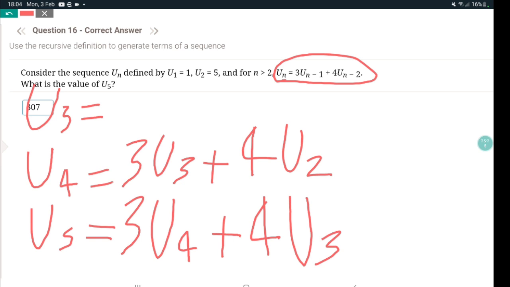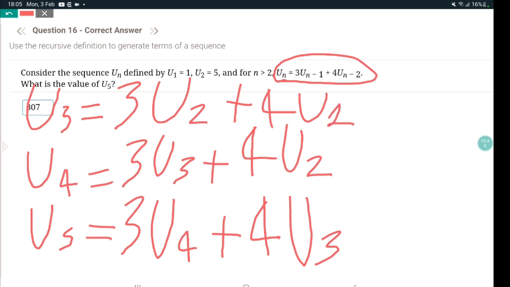Now you'll see in u4 we already have u2, but we still have to find u3. So u3, same exact thing: un minus 1, which is 2, plus 4 un minus 2, which is 1. So let's start with u3, because u2 and u1 are both given.